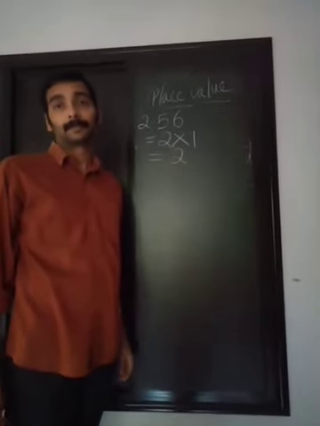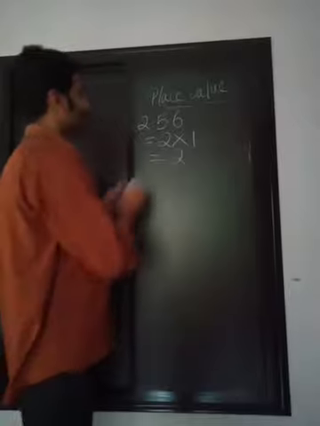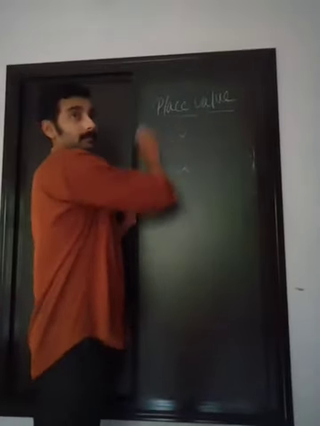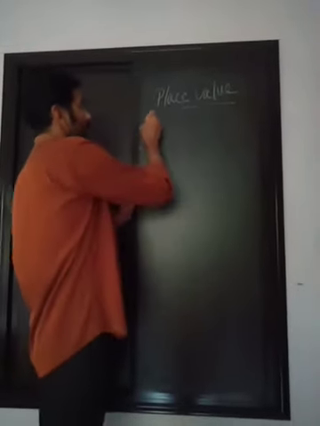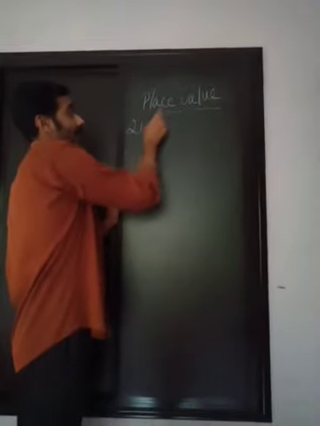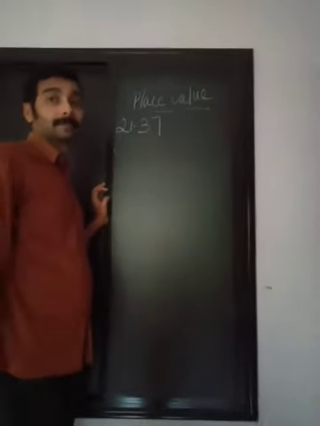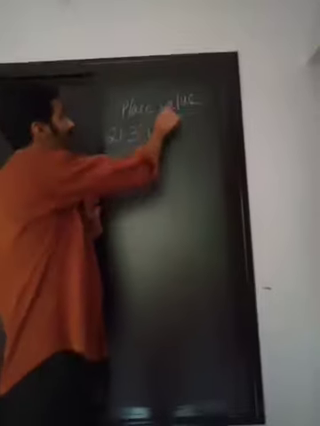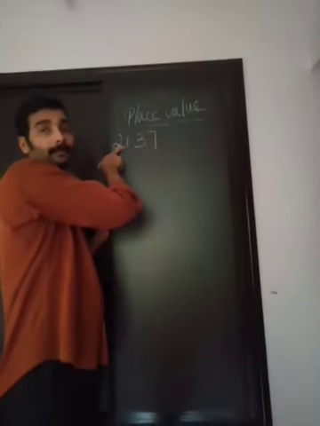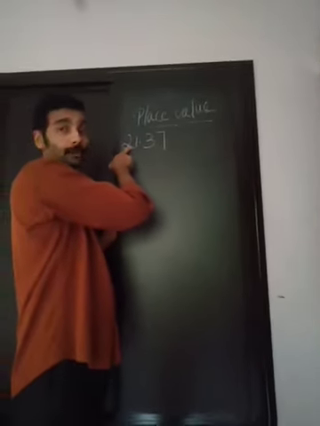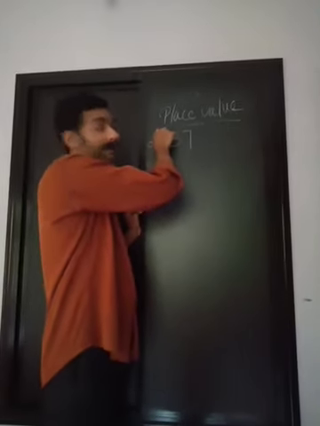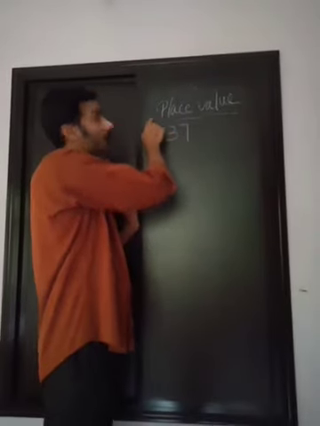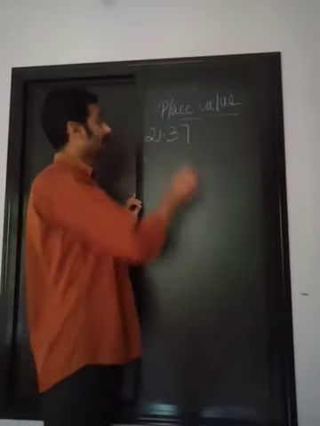Clear? Okay. Another one is 21.37. The question is the place value of 2. We know 1 is in the ones place and 2 is in the tens place.